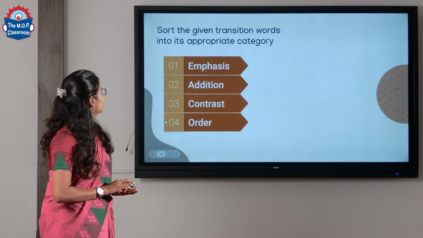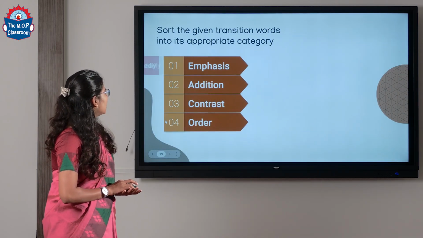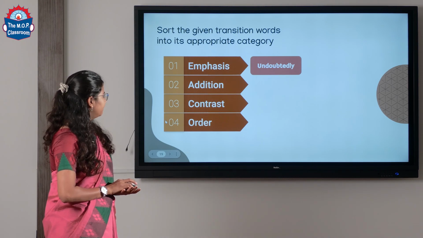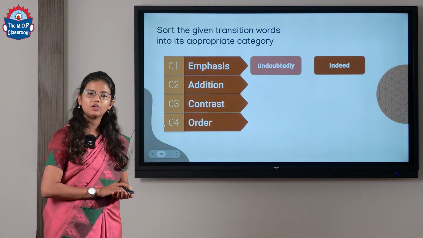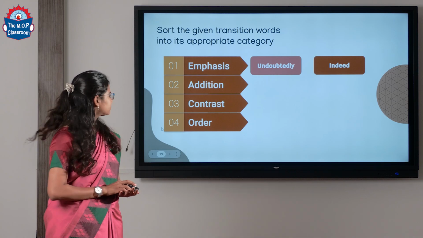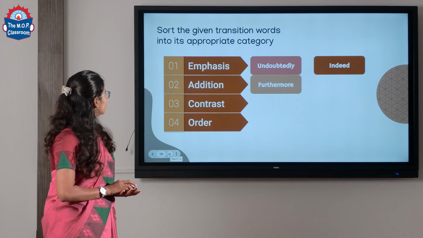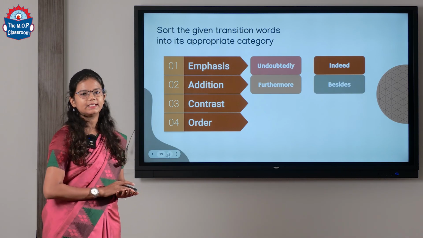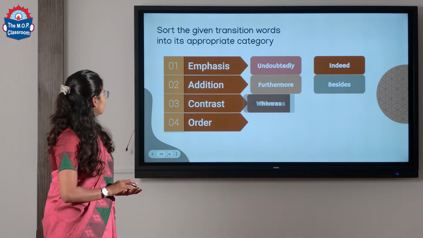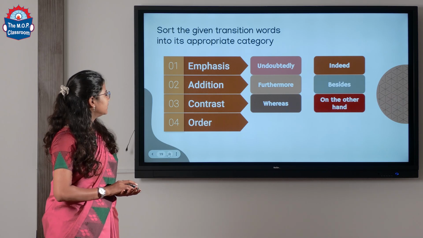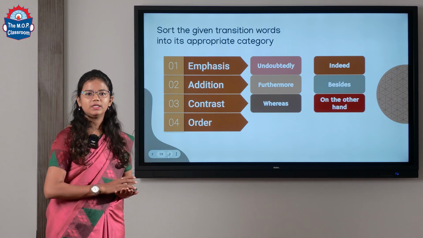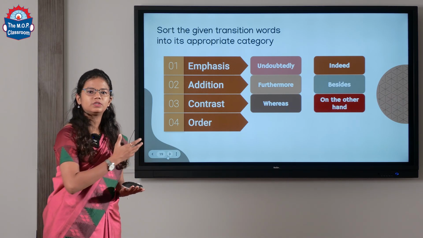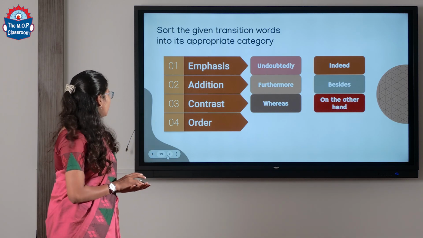Let us see. The category emphasis has the word undoubtedly, indeed, on top of, moreover. The words such as furthermore and besides would fall under the category addition. Then words such as whereas, on the other hand, in contrast to, in opposing to, such words would fall under the category contrast.